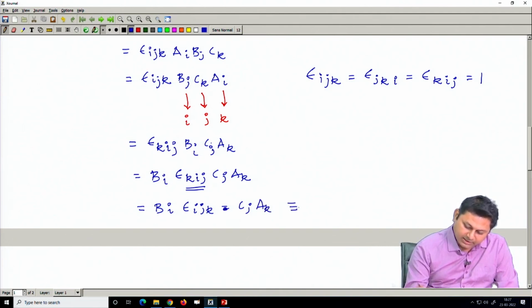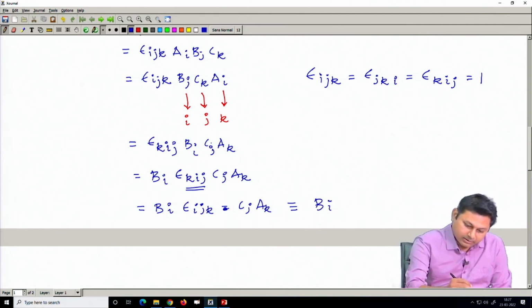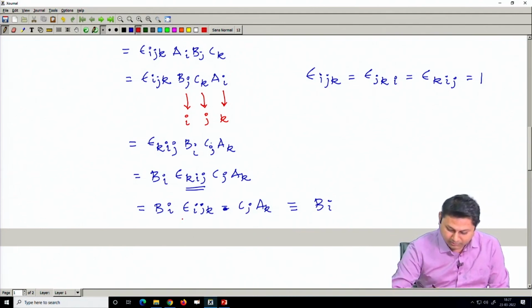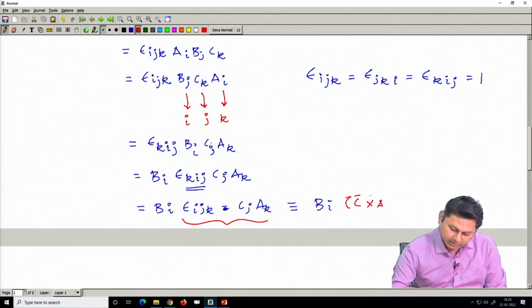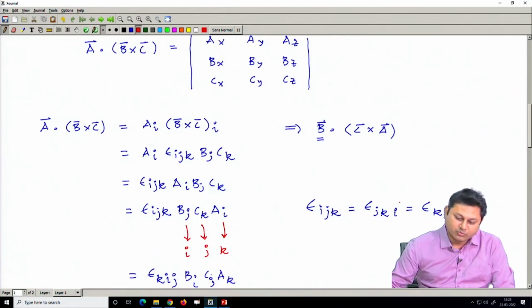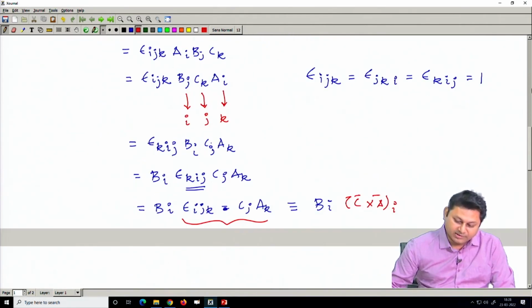So, this quantity eventually gives us b_i, and this part gives us c cross a with the ith component, which is the thing that I wanted to prove here, because a dot b cross a, I wanted to prove b dot c cross a.